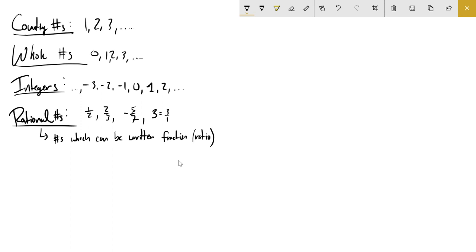The rational numbers have all of the integers inside of them, the integers have all the whole numbers, and the whole numbers have all the counting numbers. We're adding stuff in, but not taking anything out, so each group gets more inclusive. So rational numbers can be written as fractions.